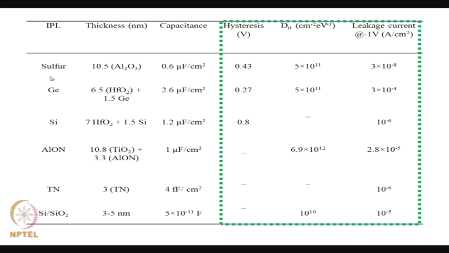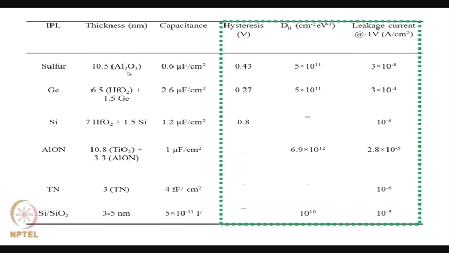Now, what we find is that this treatment is made on the gallium arsenide surface. However, the dielectrics or the oxides used over that gallium arsenide surface are different. In this sulfur treatment, we have used aluminum oxide Al2O3.